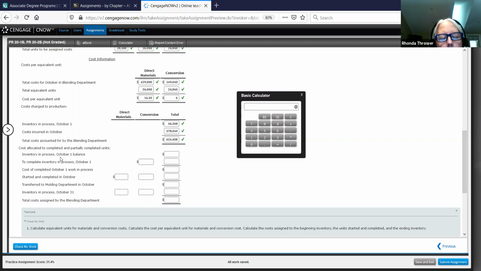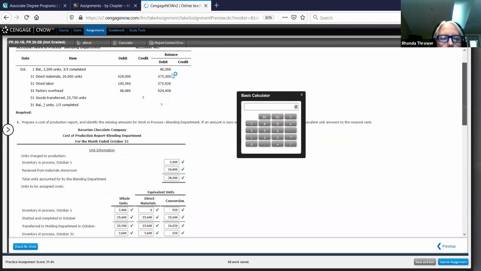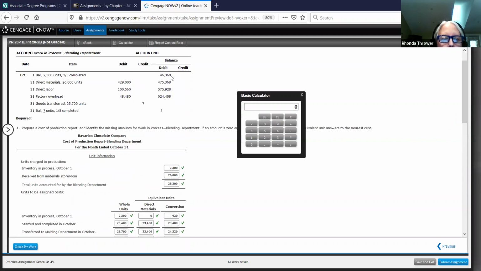We're going to start with the beginning inventory balance. The beginning inventory was given to us, and it's the amount right here at $46,368. That is a given amount, and that's just plugged in right here. And it comes from this amount right here. So that beginning balance is this amount.